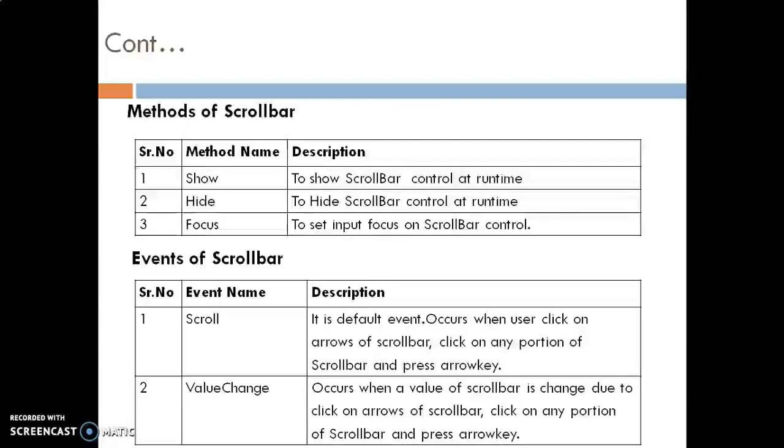That means whenever the value of scroll bar is changed, this event is occur. Means suppose a user click on arrows of scroll bar and value may be changed. Then click on any portion of scroll bar. Then it also change the value of a scroll bar, or press arrow key.